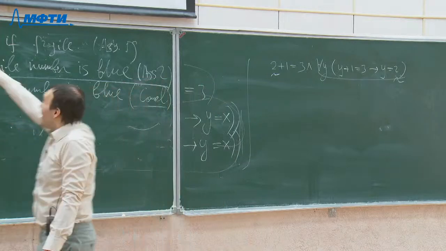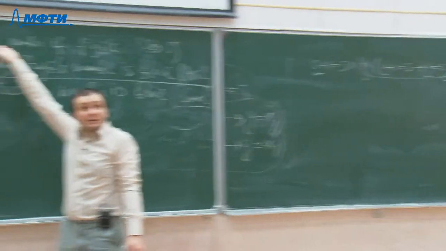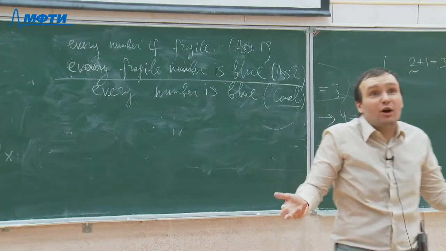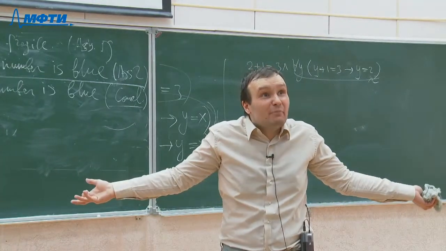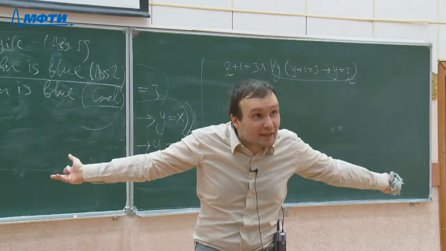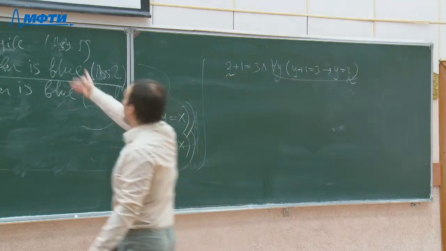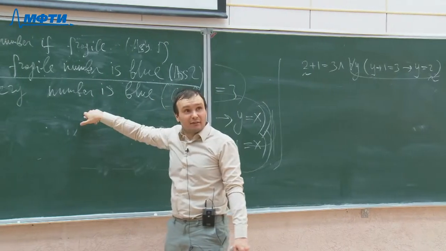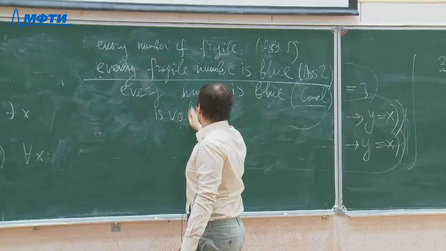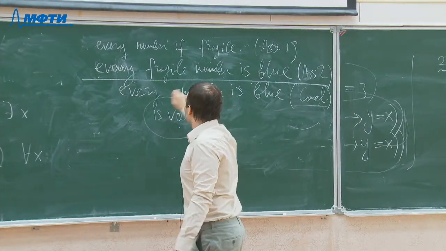We don't know whether it is true or false. Why don't we know? Because we don't know what fragile means. But for whatever it means, if these two are true, then this one must be true as well. So this argument is valid.